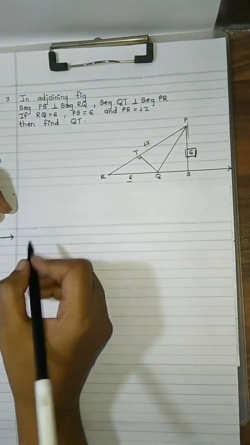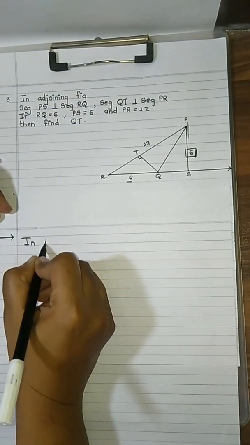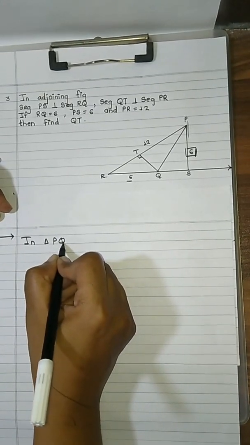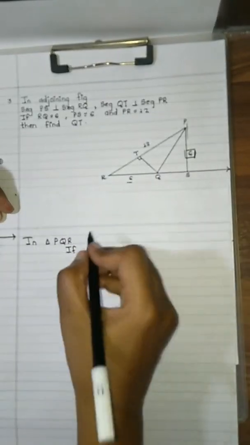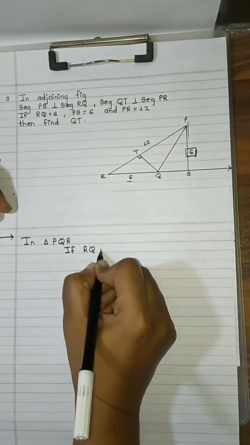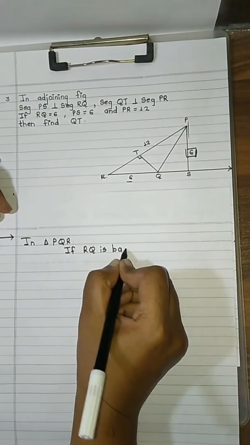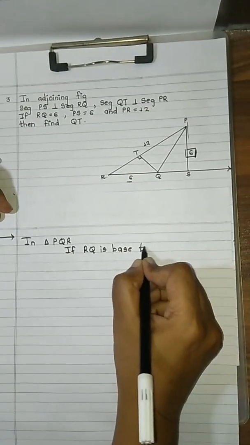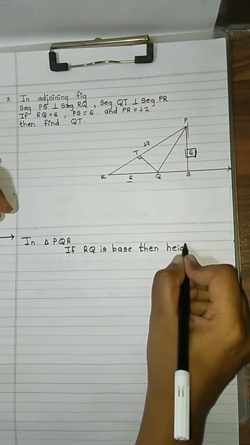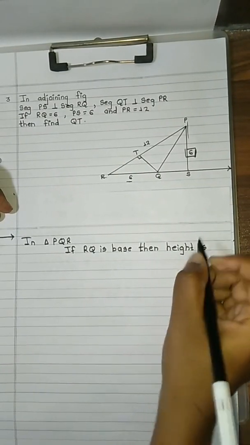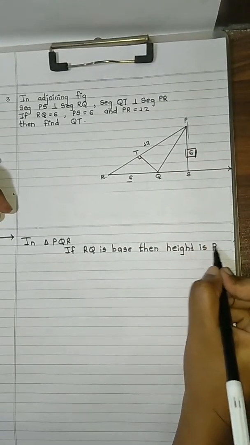Therefore, let us consider in triangle PQR, if RQ is base, then height is PS. Okay.